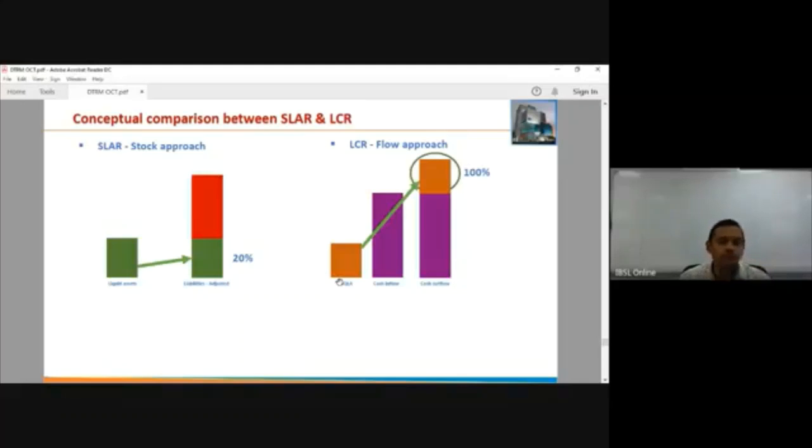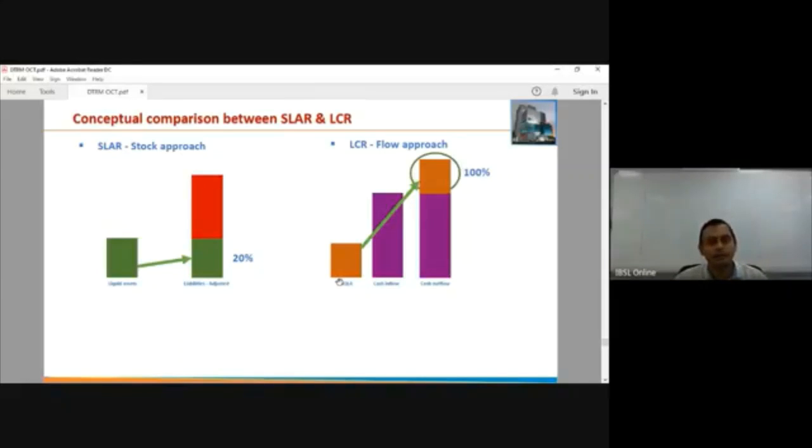Oh, sorry. A bank should have a minimum amount of assets in the form of liquid asset that is enough to cover 20% of your liability, right? So you should have a minimum amount of liquid assets that is equal to 20% of your liabilities.